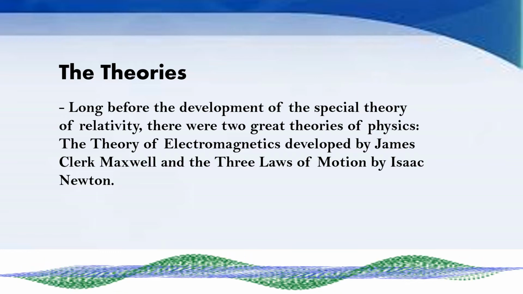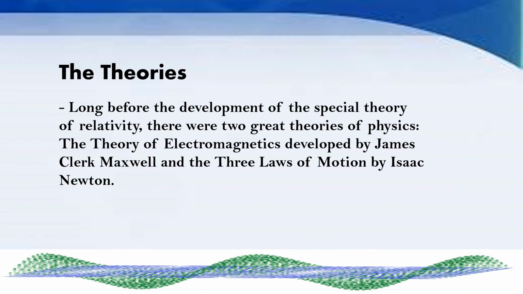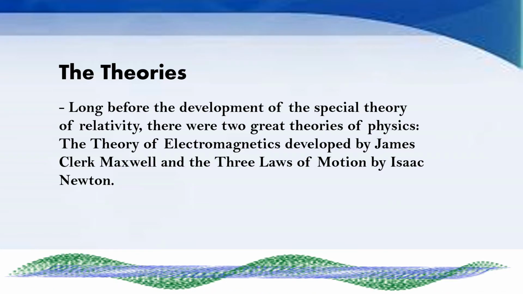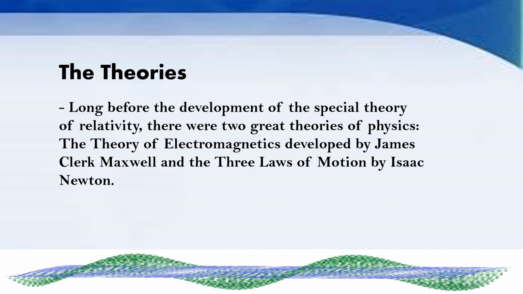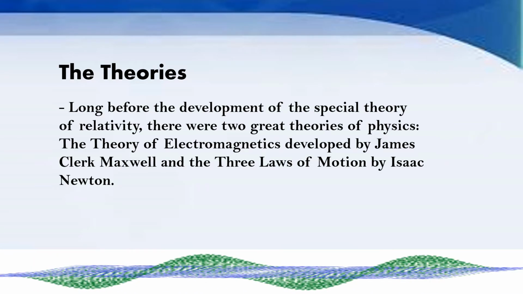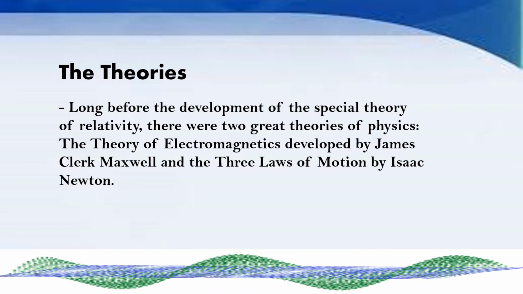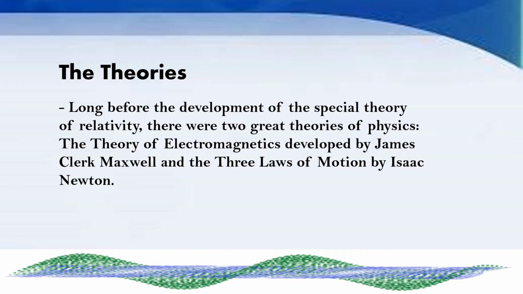So the theories. Long before the development of the special theory of relativity, there were two great theories of physics: the theory of electromagnetics developed by James Clerk Maxwell, and the three laws of motion by Isaac Newton.